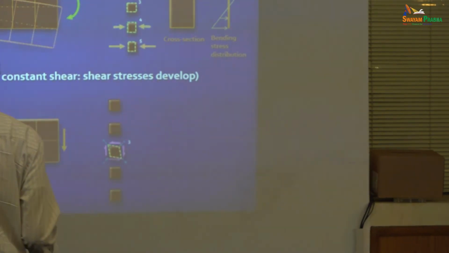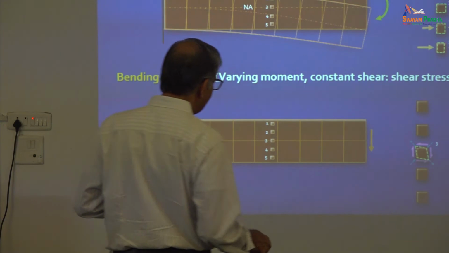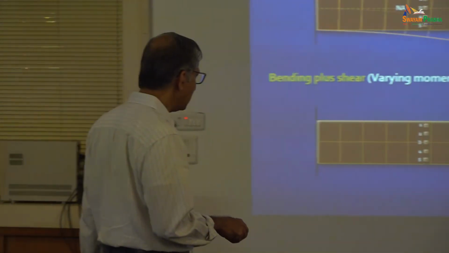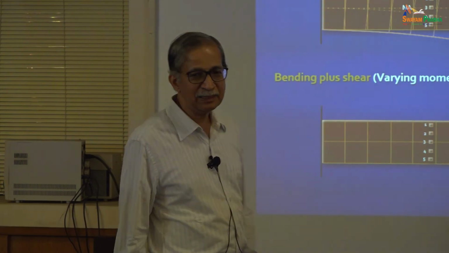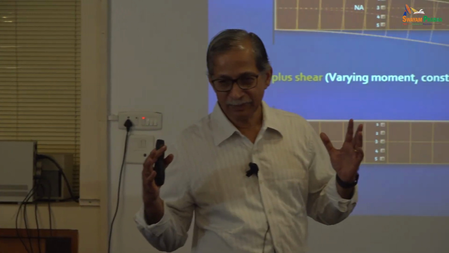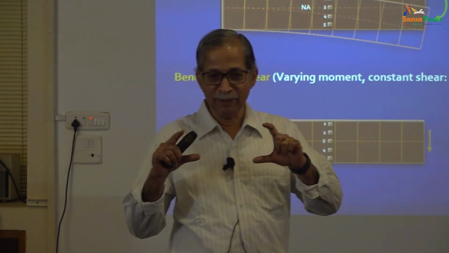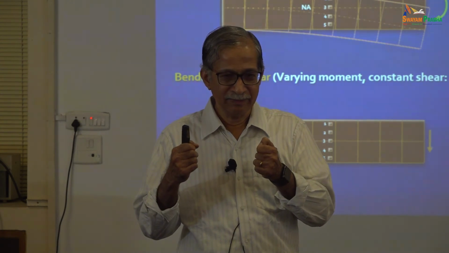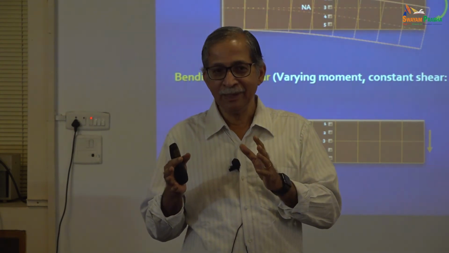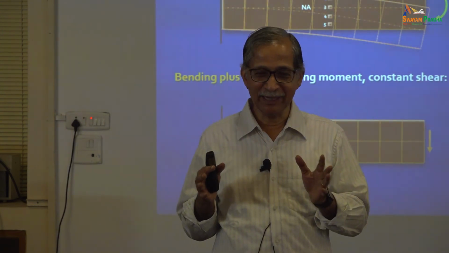So if you take the principal stresses, it's as though this diagonal is subject to pure tension and this diagonal is subject to pure compression. But what shear does is it distorts the section. What bending does is it preserves the overall geometry, it only elongates or contracts. So shear is a distorter. That's why it creates problems.